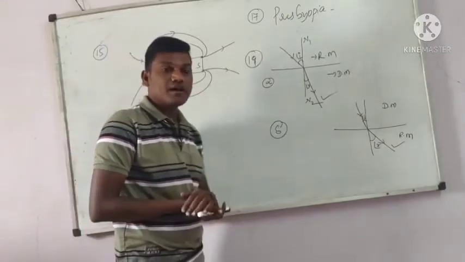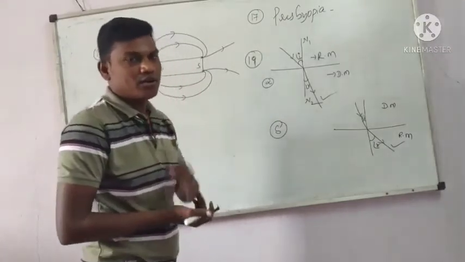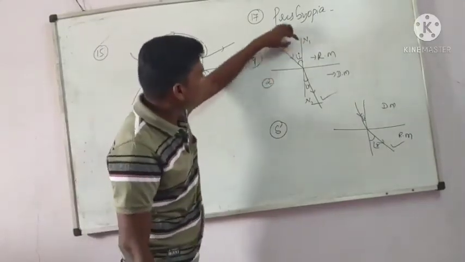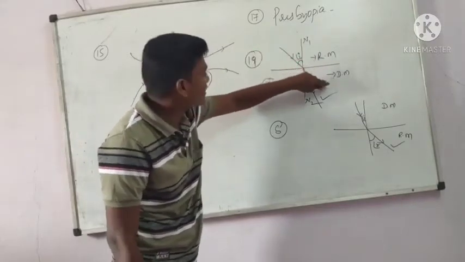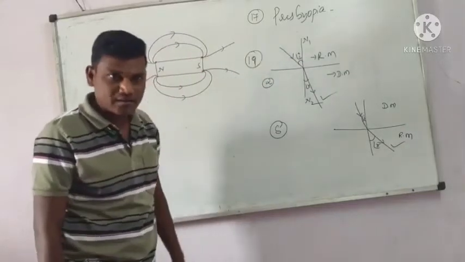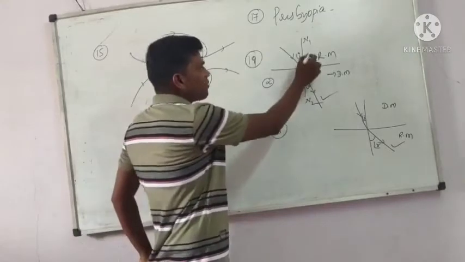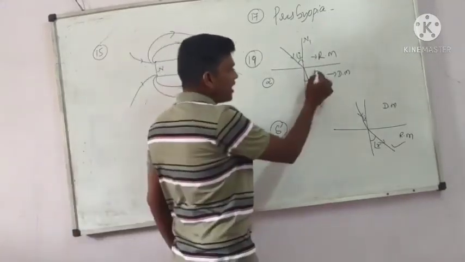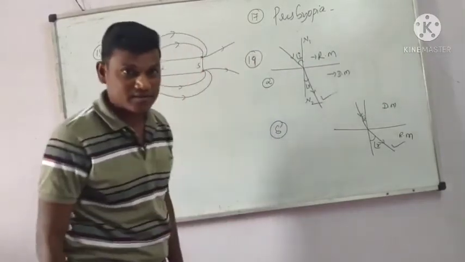I explained this clearly according to the wave theory concept while teaching in physics classes. When the light ray travels from rarer medium to denser medium, it bends towards the normal. In this case, three things happen. First, the light ray deviates and moves towards the normal.